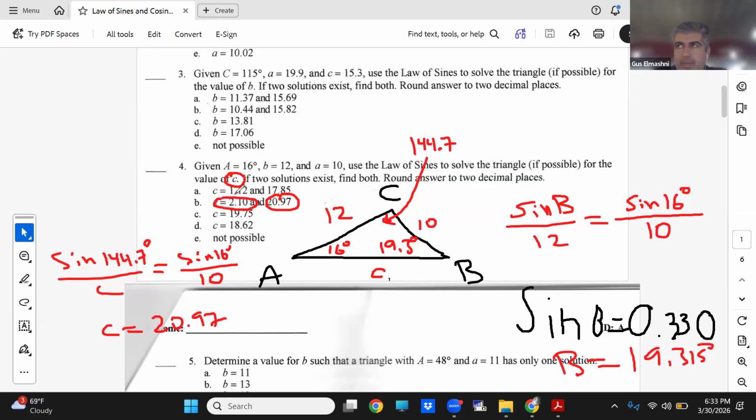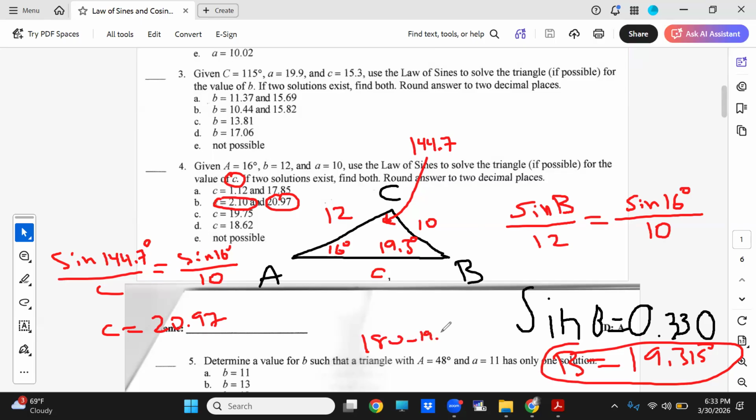Well, here's what's happening. When we solve for angle B, we got 19.315, right? Here's where it gets interesting. I'm a little surprised you guys are covering this topic so early because you guys haven't done more advanced trig. But we're covering the law of sines only. No, I know, but I'm just saying that there's an exception to the law of sines.